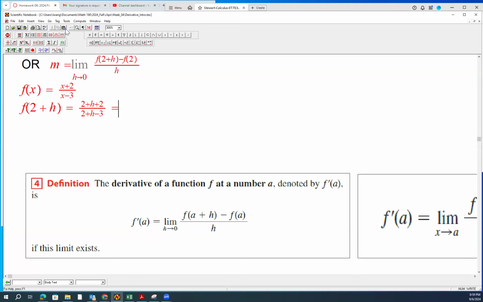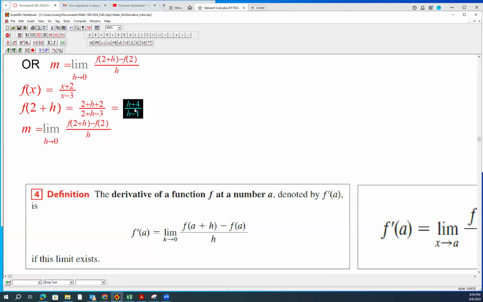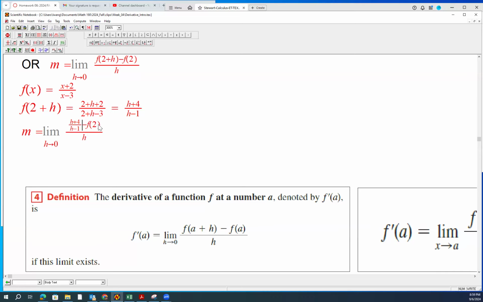So we got h plus 4, and this is going to be h minus 1. Okay, so on this formula, f of 2 plus h is substituted by this fraction form. F of 2 is -4. Okay, so we get a slightly different looking form.